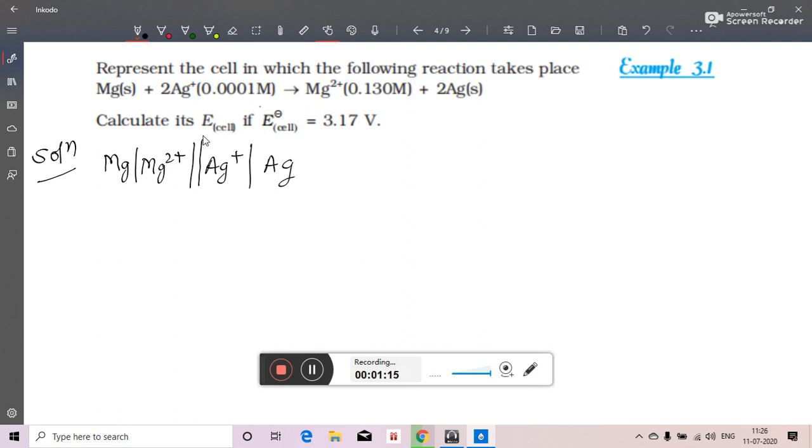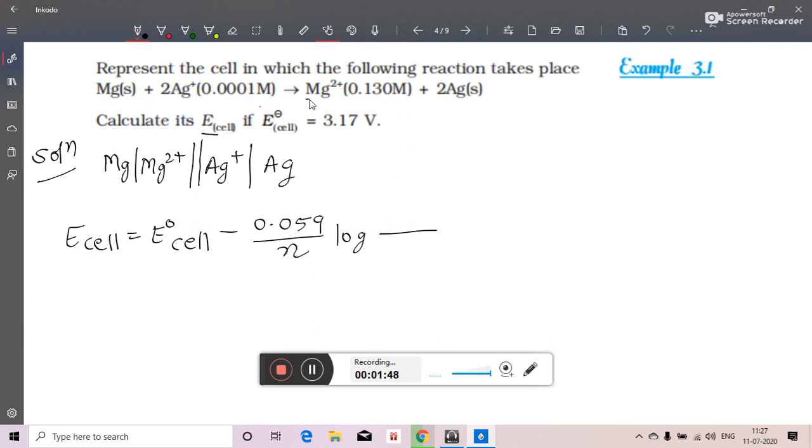From E naught cell, in case of this reaction, E cell equals E naught cell minus 0.059 upon n, log of concentration on the right hand side upon concentration on the left hand side.